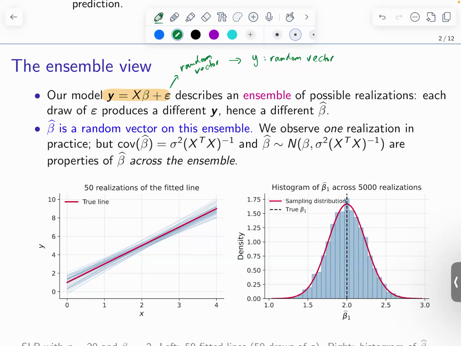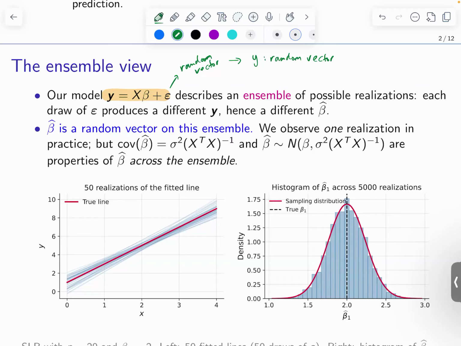Which in principle means that y is not really a single numerical vector anymore. It represents an ensemble of possible values that lives in an abstract probability space, or there's an underlying probability space. So it's not a single numerical vector. That's what I want to emphasize a little bit. As a random quantity, it represents an ensemble of possibilities. Every time you repeat the experiment, you get a different y.